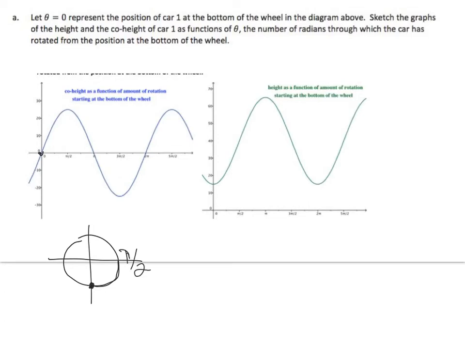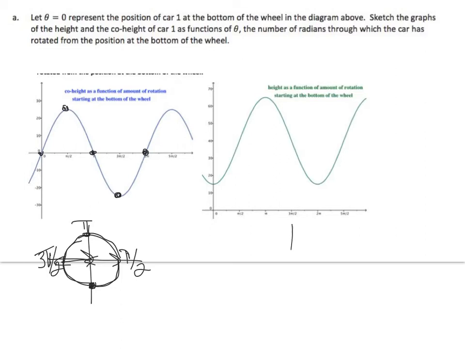Our co-height is now 25. We go up to 180 degrees. Our co-height is back to 0. We go over to 3 pi over 2, and we're at negative 25. And then back to 0, and we're at 0.